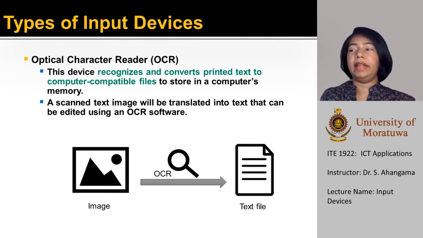A scanned text image will be translated into text that the user can edit using OCR software. Here, in this image, the process is illustrated where you have an image. It is going to be converted by using OCR software to a text file that can be edited through the computer.